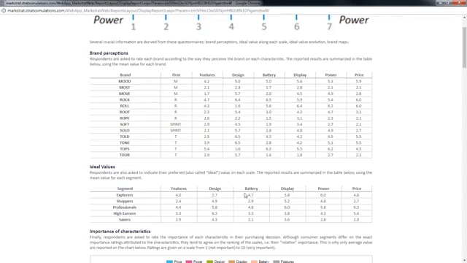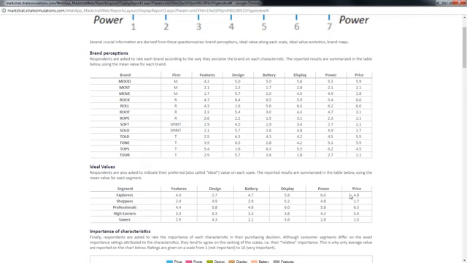Battery, 5.0 versus 4.7, is pretty good. Display, 5.6 versus 5.8, pretty good. Power is not too bad. Price is a little high, 5.9 versus 4.8, but on the whole, this is not a bad product for the Explorer segment based on the comparison of these ideal values and brand perceptions.